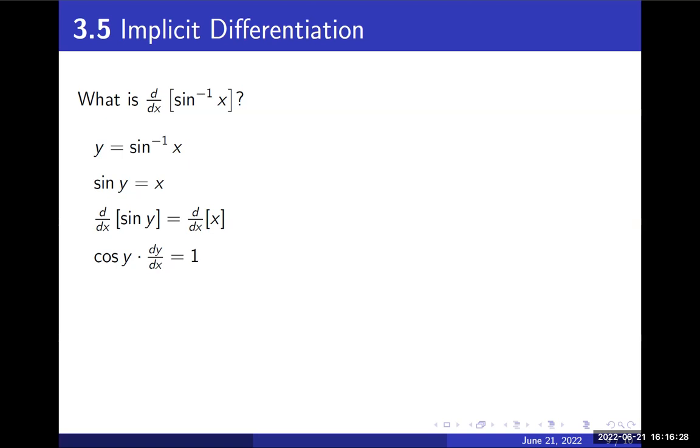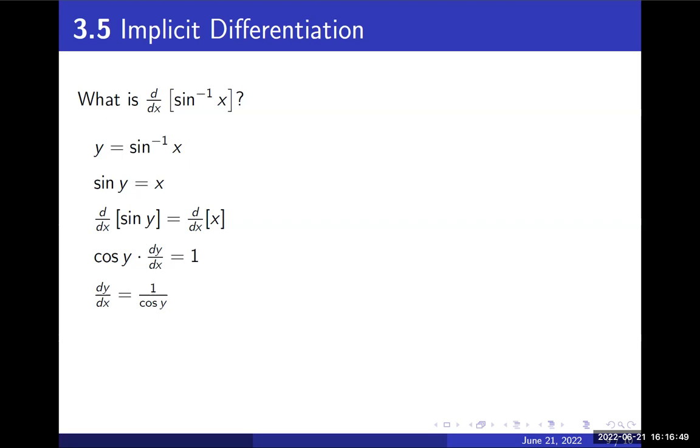And look at this. If we then solve for dy over dx, we get 1 over the cosine of y. Now that's pretty nifty. And I guess you could argue that we found the derivative of arc sine x, and it's 1 over cosine y.